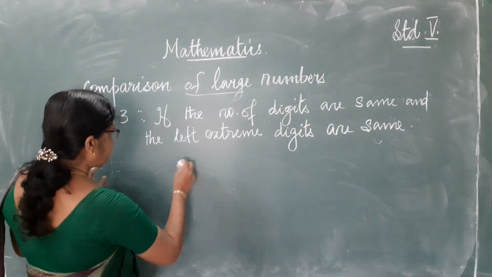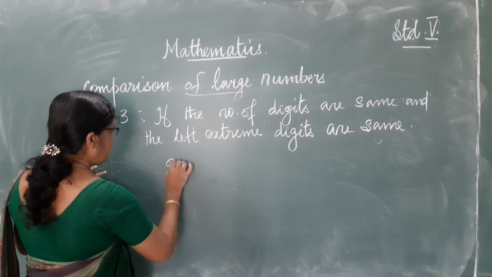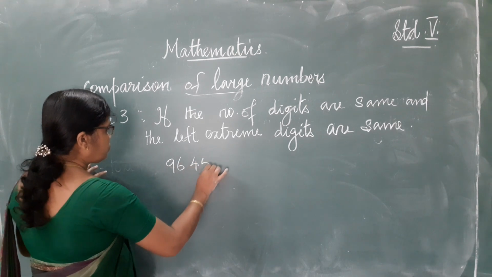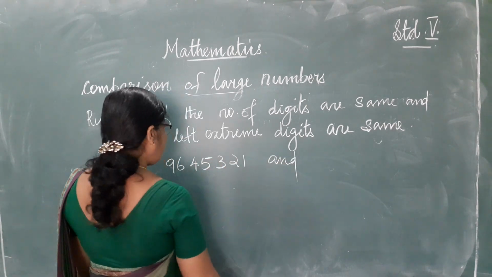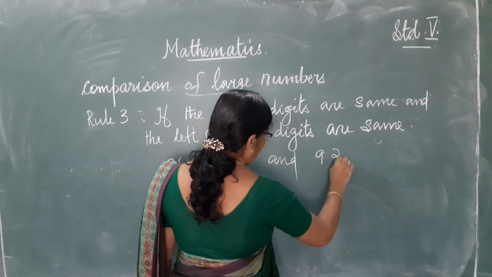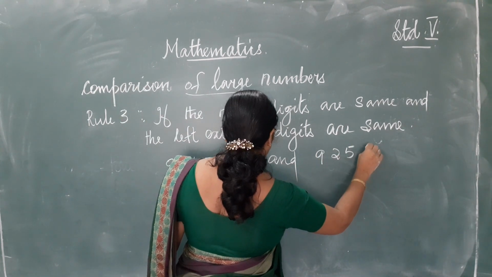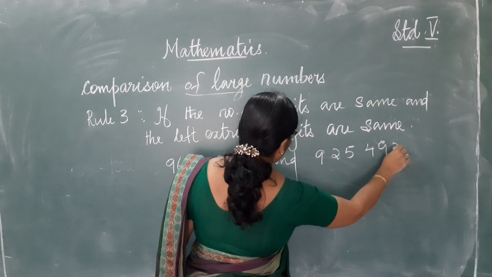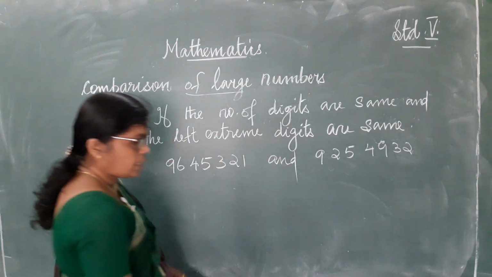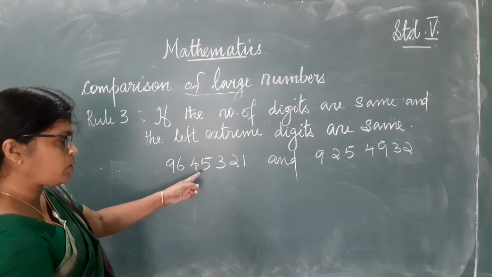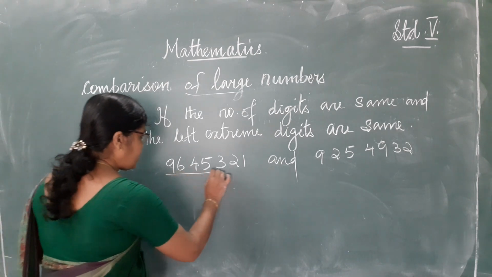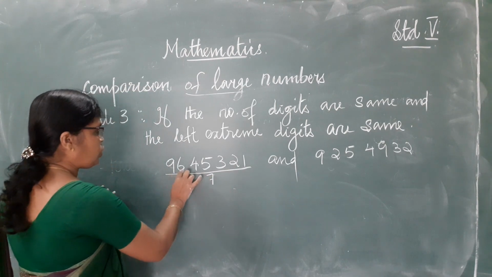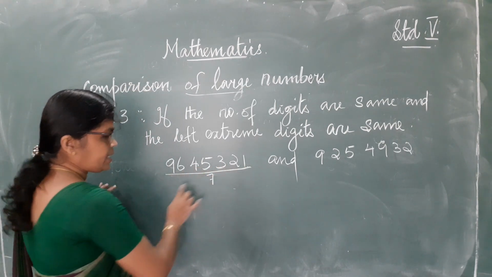Write the number and see, here you count the digits. These two numbers you see 1, 2, 3, 4, 5, 6, 7 digits are there.